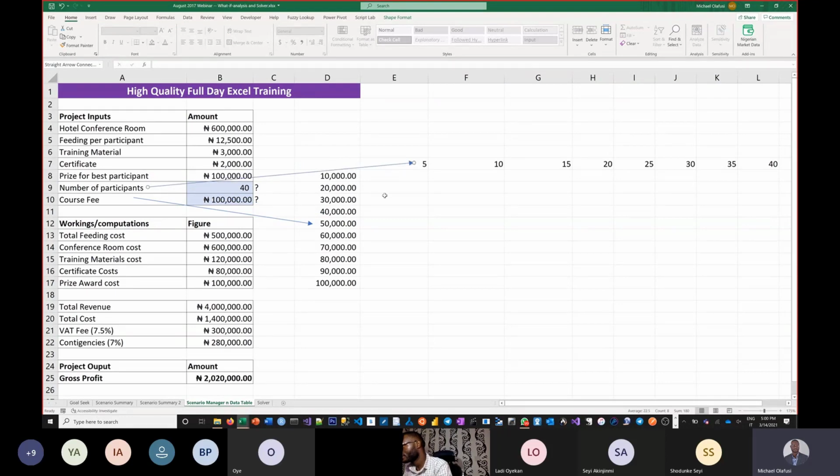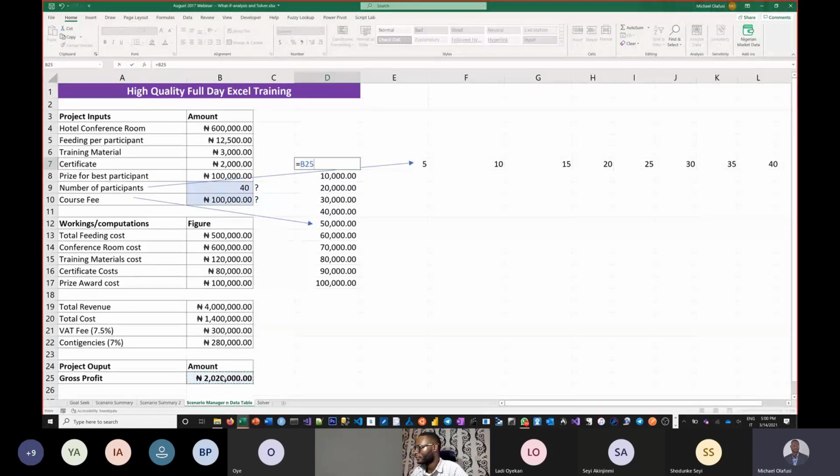Okay, so one thing about data table or this scenario analysis is I need to specify ahead what is the output I want to keep track of. I want to keep track of the gross profit, which is this one. So the interesting thing is you need to position your output exactly at that spot where the 2 inputs will have coincided.